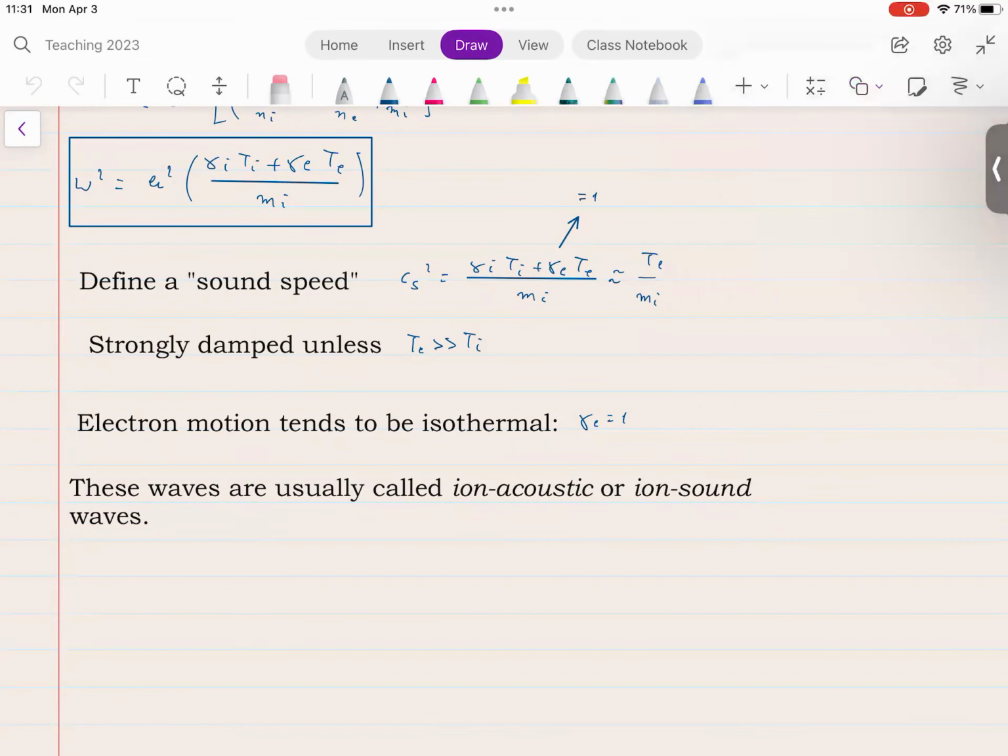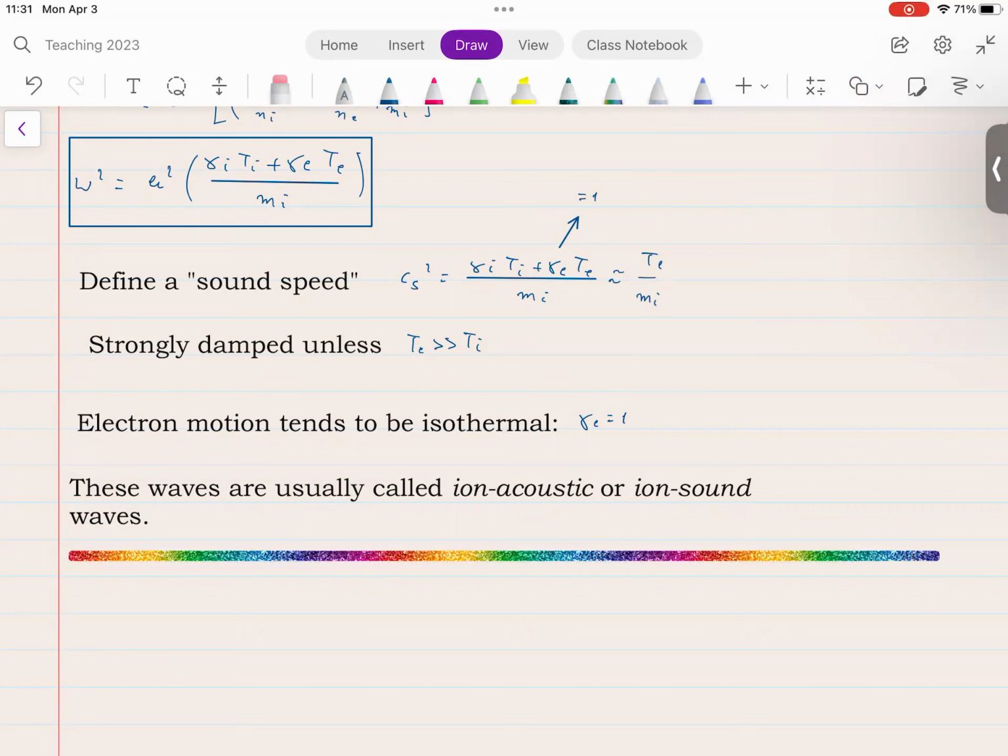And next, we're going to switch to the topic of magnetohydrodynamics, and we can also look at waves in an MHD fluid treatment.